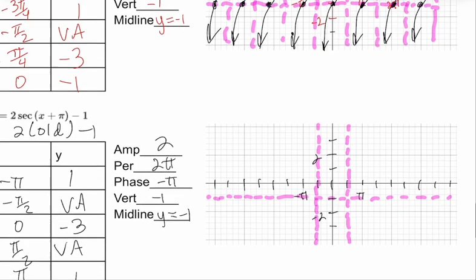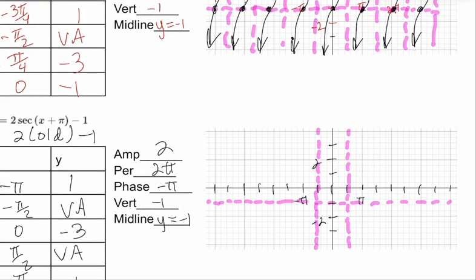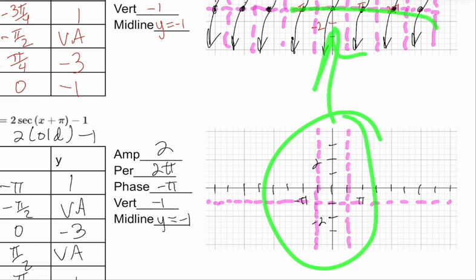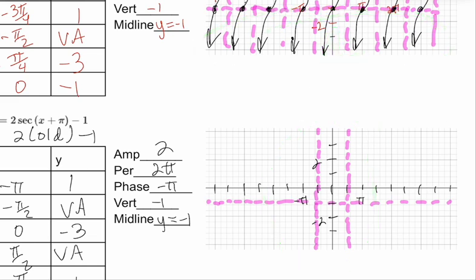Compare the vertical asymptotes right above it. These vertical asymptotes and these vertical asymptotes should match because they each have, in this case, a cosine in our denominator. On the quiz, I'll flip it. It'll be the sines, but they still should match up. So then put on all your asymptotes.